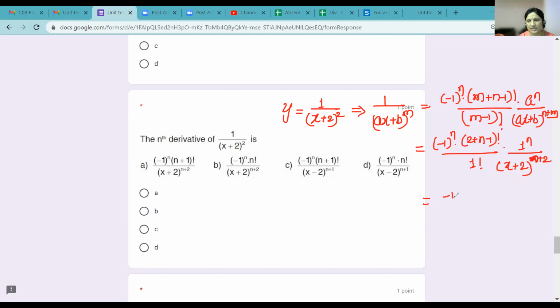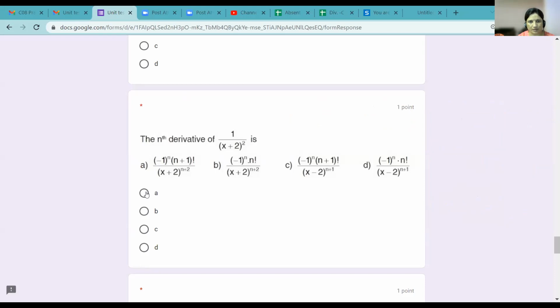Which is equal to minus 1 raised to n into (n plus 1) factorial divided by (x plus 2) raised to n plus 2. Which option is the correct option then? Option A. Yes, option A.